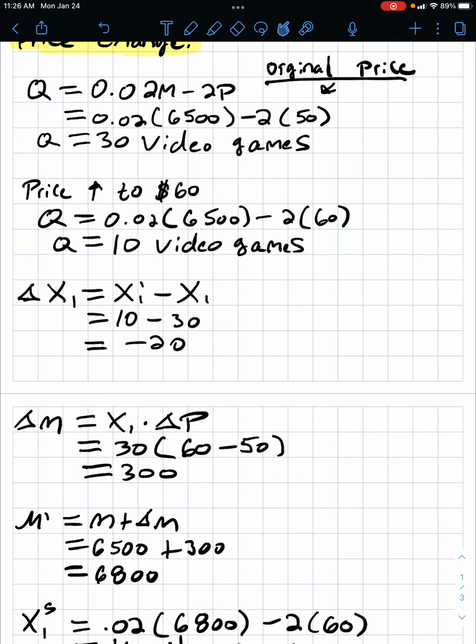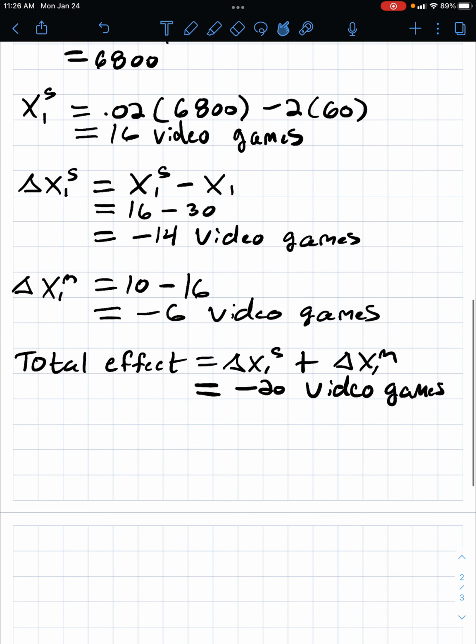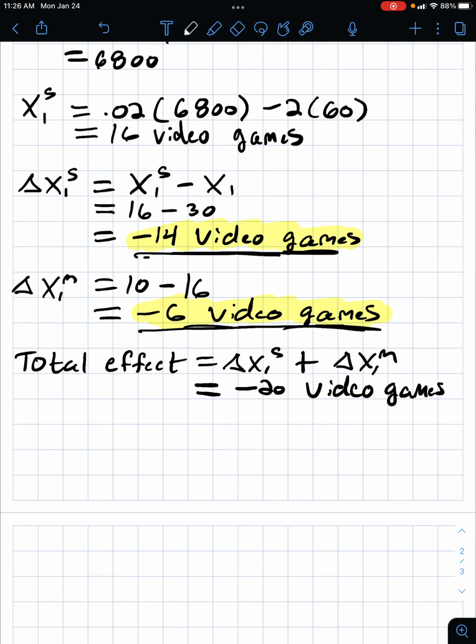Now what we did was break it down as to how he lost 20 video games in his demand. The substitution effect accounts for 14, and the income effect accounts for 6. So in this case, the substitution effect is stronger than the income effect.